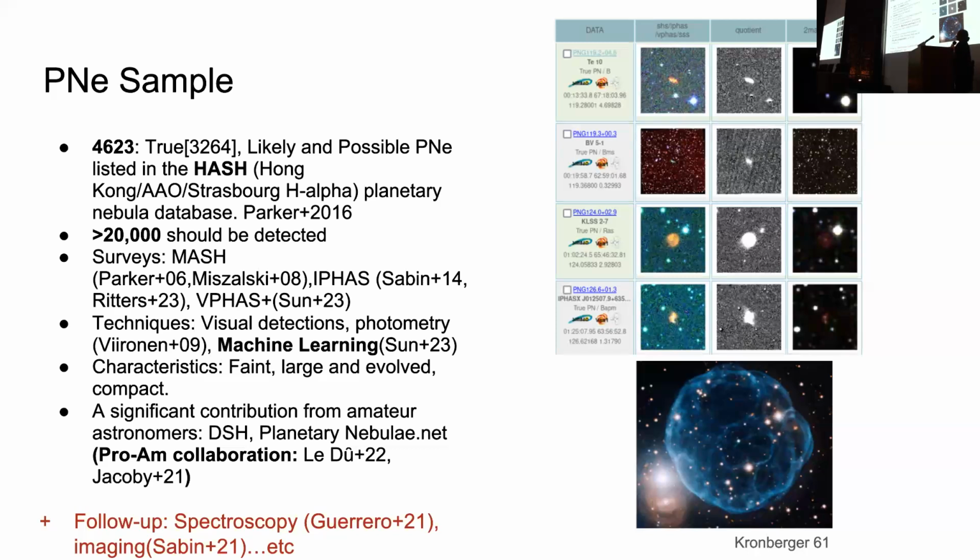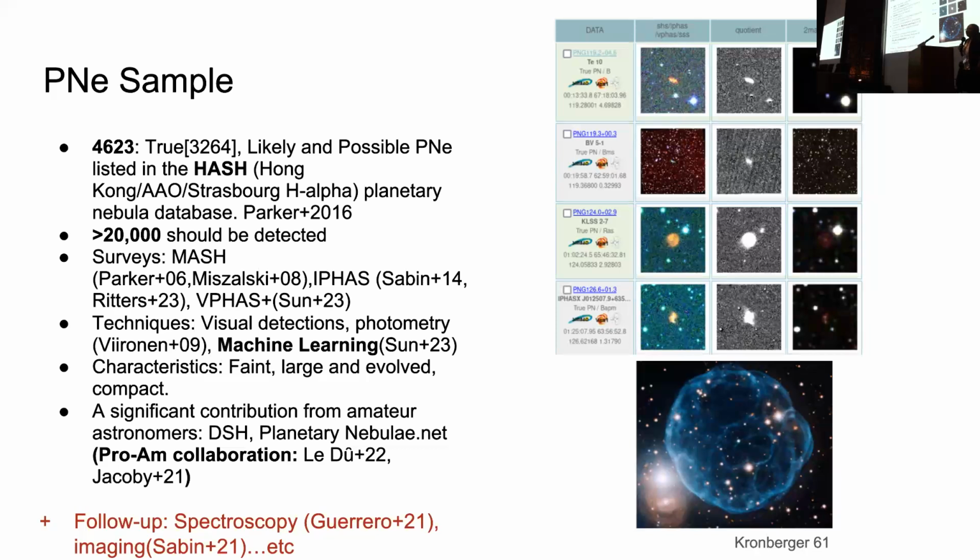To detect those objects, there are different techniques: visual detection, the old-fashioned one, and photometry, which Viironen and Tan applied for IPHAS objects. And of course, now that we are in the era of big data, machine learning by Sun et al. in 2023. So what are the characteristics of those new PNe that we are seeing? Of course, those new PNe are fainter.